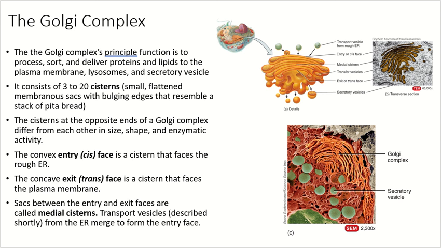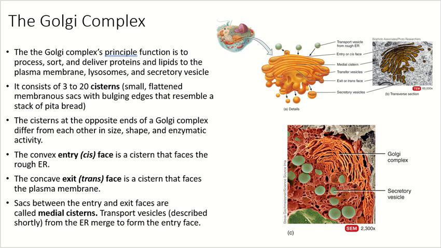So the convex entry or cis face of the cistern is going to face the rough endoplasmic reticulum, and then our concave exit or trans face is going to be the cistern that faces the plasma membrane. And the sacs that are between the entry and exit faces are called medial cisterns. You can see these guys right here.